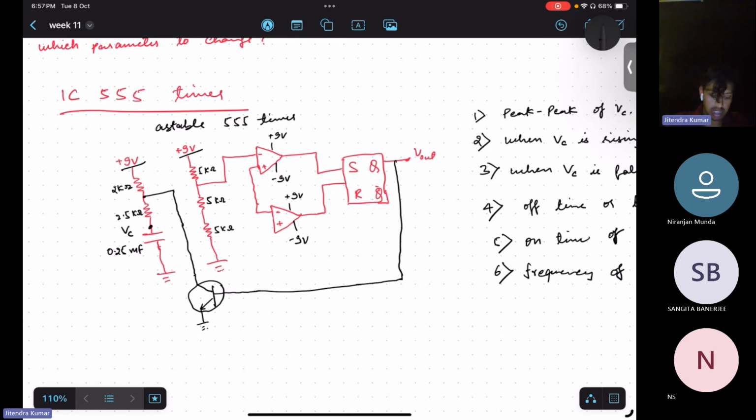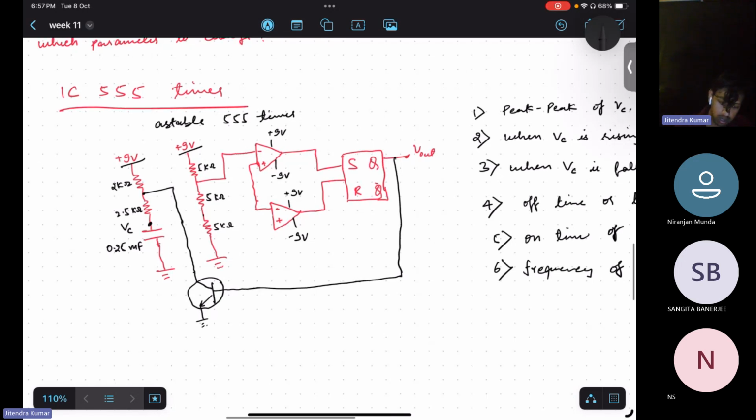The first branch is directly connected to output via one transistor, and the second branch is connected to op amps. The positive terminal of this op amp is connected to here. So two op amps are connected to the second parallel branch. So how they will work, that is the first thing.